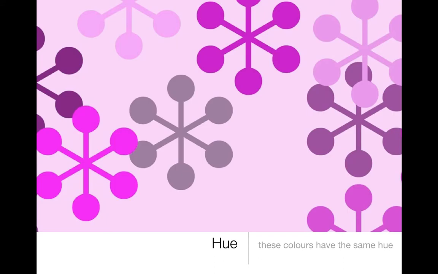And look here, all of these colors actually have the same hue. These are all somewhere in the blue range. All these yellows here, they all have the same hue. These all have the same hue, even though they're quite different.